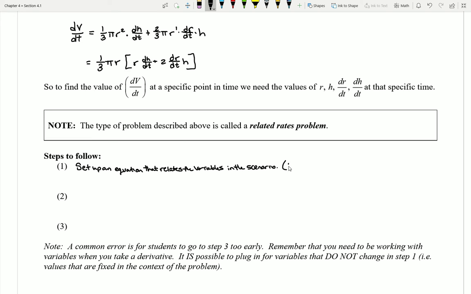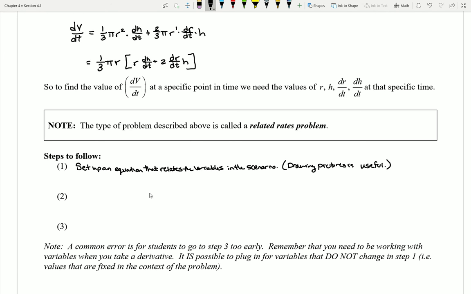And to help with this, drawing pictures can really be useful. We'll see that I'll draw pictures on every one of the examples in this section. So I'll state here that drawing pictures is useful. And I'll show you how to do that again more in the examples to come.